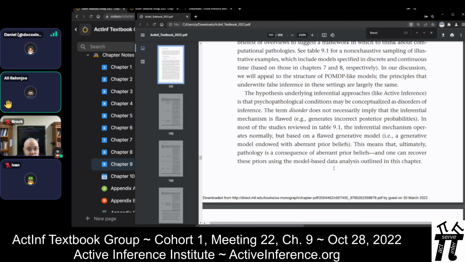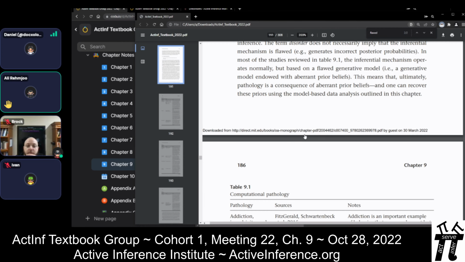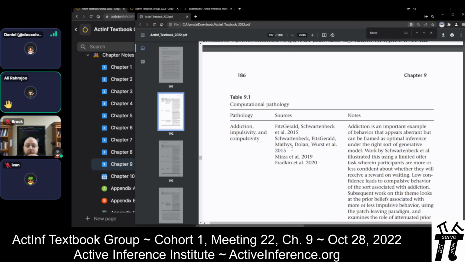But in this case, it's a very interesting point on the case of computational pathologies, because oftentimes people ask, well, what does active inference actually explain?